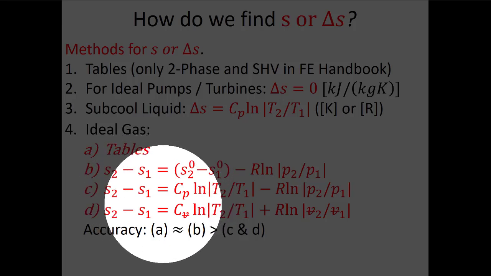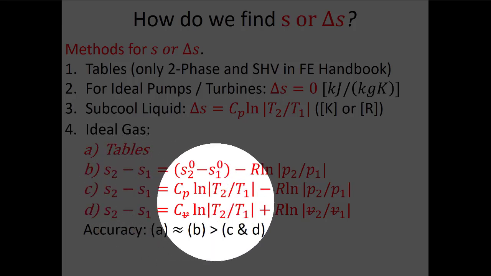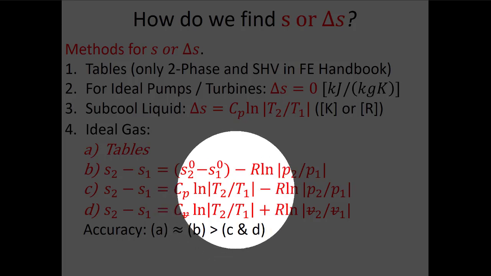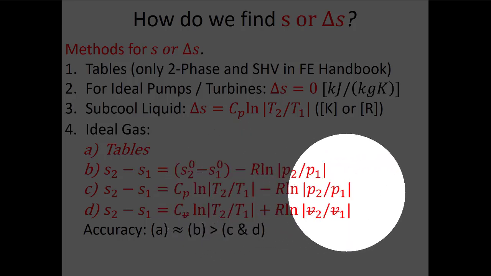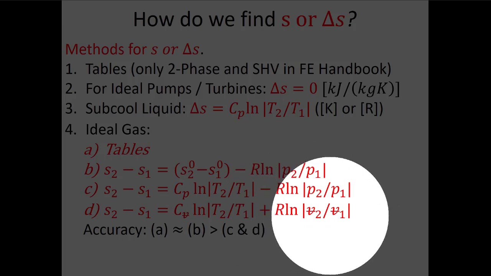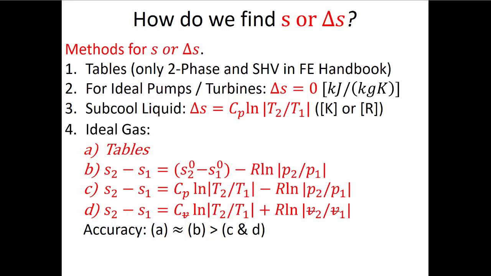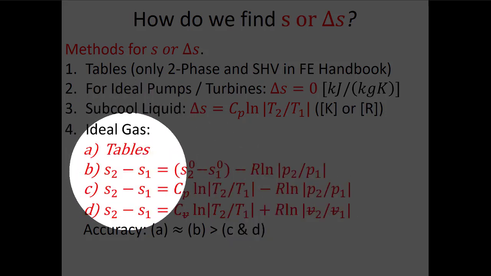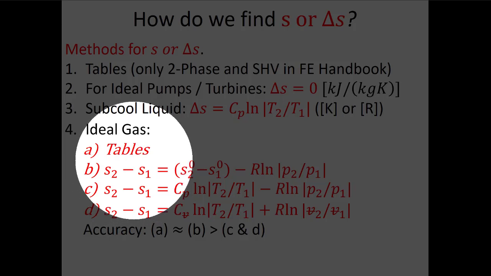If we don't have tables, if we're assuming this is constant specific heat, then we have to pick between one of these two equations. And we pick one of these two equations because we either know the temperatures and the pressures, or we know the temperatures and the specific volumes. So here, using the tables and using the assumption from B are really the same thing, right?